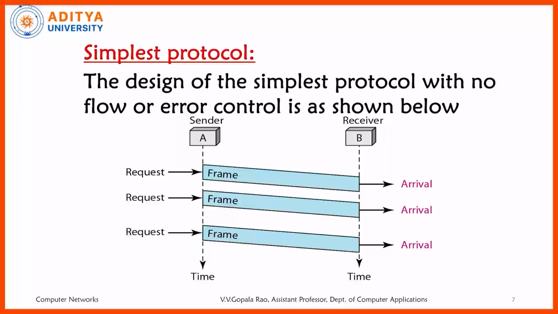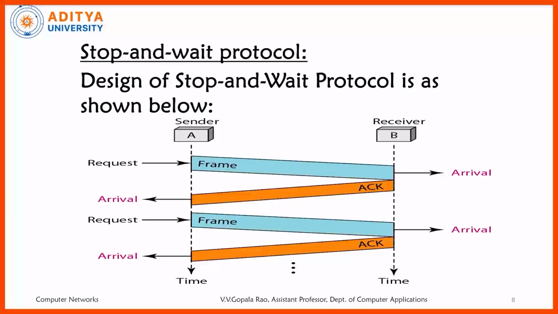Then coming to the other protocol in the noiseless channel, there is one more protocol called the stop and wait protocol. If you see the figure, there is a slight difference from the earlier one, the simplest protocol.